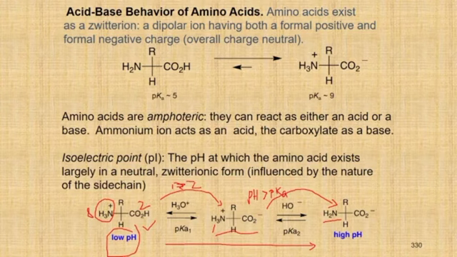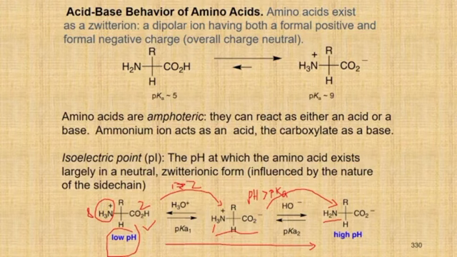Now, considering that you have this and you are being asked to look for the pI. What is pI? The pI is the pH at which the amino acid has a net charge of 0. That is, the pI is the pH at which the amino acid exists as a zwitterion.